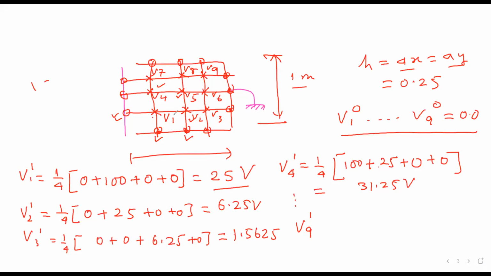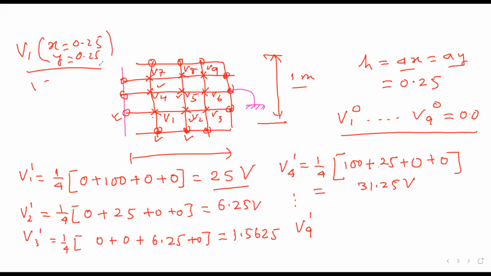If your analytic solution is available, then at a particular point you can easily calculate the exact value. For example, in our case, V1 potential is at X equal to 0.25, Y equal to 0.25, isn't it?